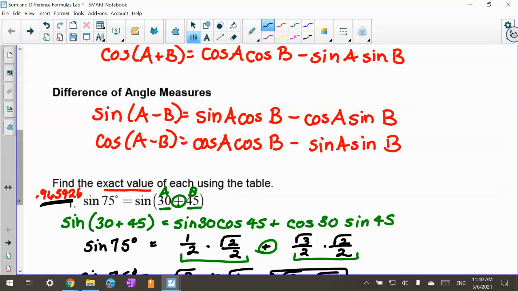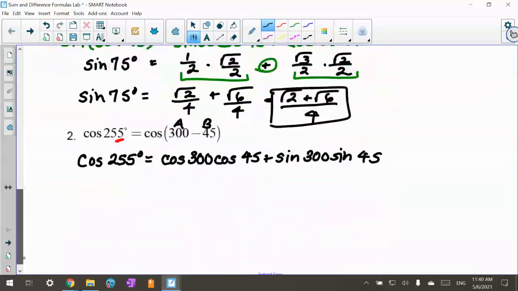Okay? Now, the only difference with this one is I have the cosine of 300 and the sine of 300. So I'm over here on the side, going to actually find where 300 is. So 300 is in quadrant 4. And so my reference angle, because this is 360, is going to be 60 degrees.